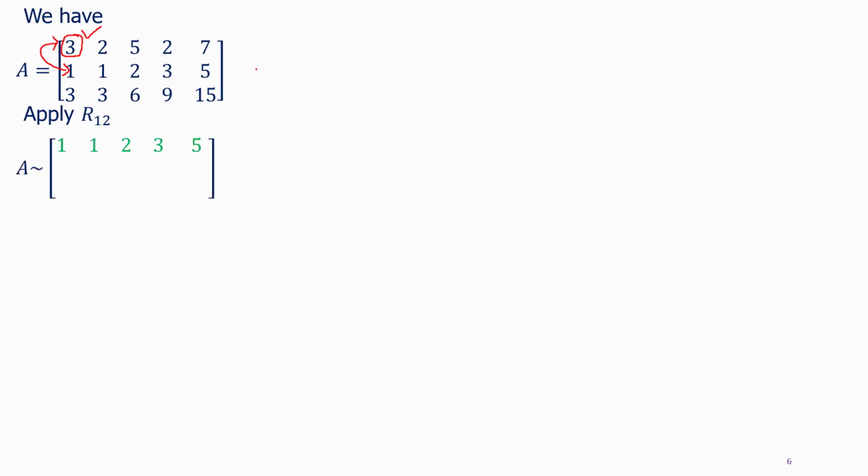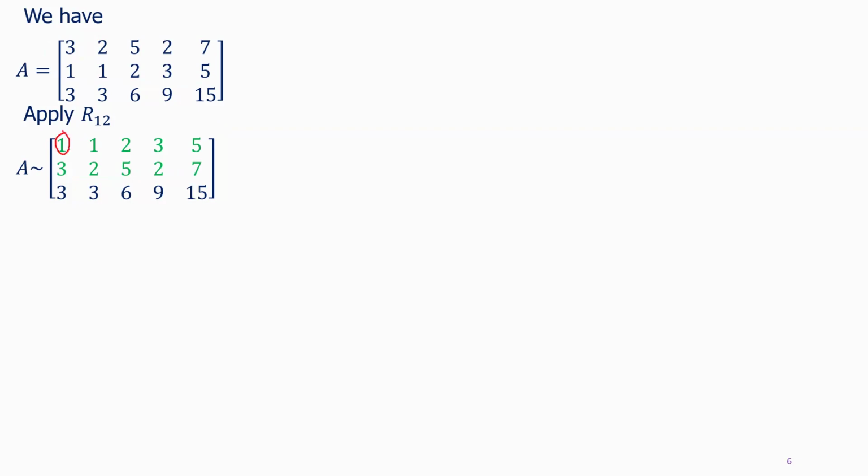So the equivalent matrix is converted into this form. The second row becomes the first row and the first row becomes the second row. Now, this is the first step: we have to make A11 equal to 1.